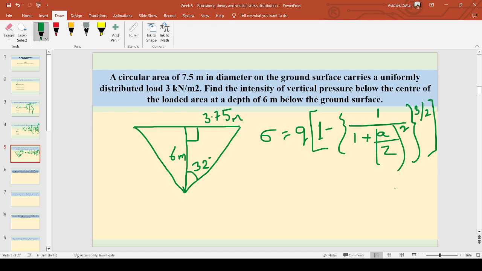So using this formula, we put q as 3 kilonewton per meter square.